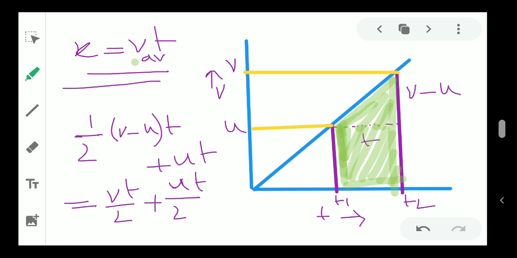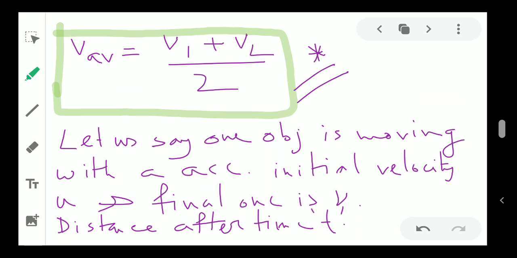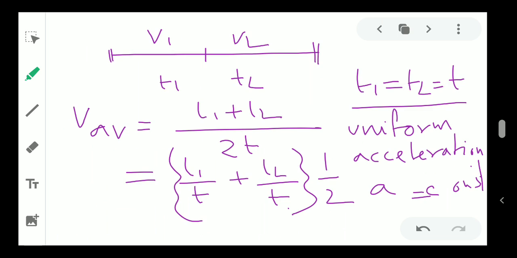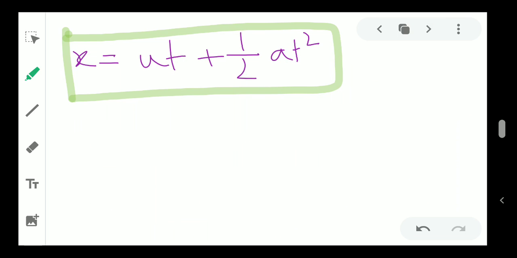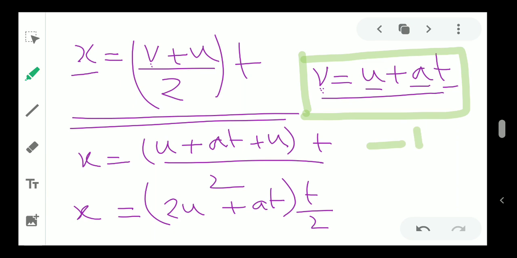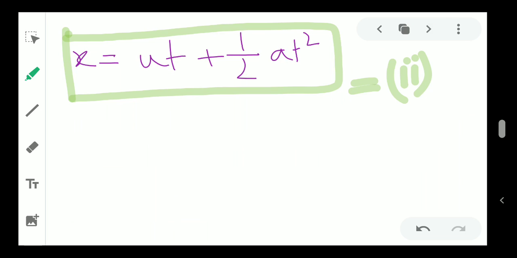So that's why we have to find some v average, and geometrically and also mathematically we can find the v average. So this was the second equation, and this was my first equation of motion.